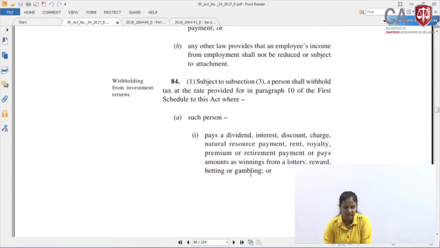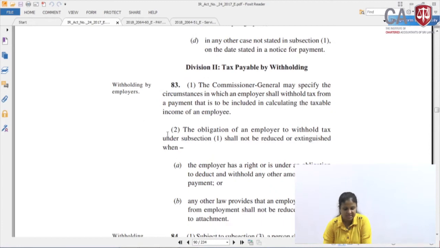Now you can see I will first go to section 83, withholding by employers. This one, the particular gazette notification I have shown you. Please go through these gazette notifications. With the time limitation, I couldn't do everything, but with reference to the particular section or subject area I am discussing, I am linking all these things. Okay.